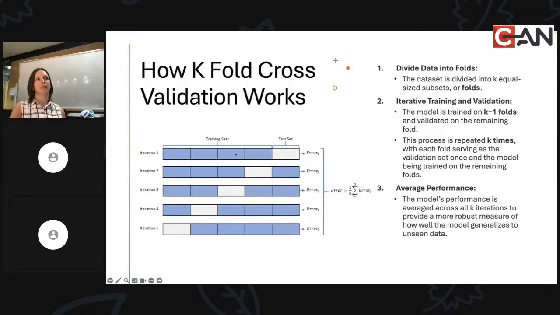You would have 5 different model errors, so you get the performance of this model, your accuracy or whatever metric you've defined, you get that metric here, here, here, here, and here. So you get it for each run, each iteration of training and test sets. And then you divide that by 5, by the number of K. So you get your average error across all of these folds.